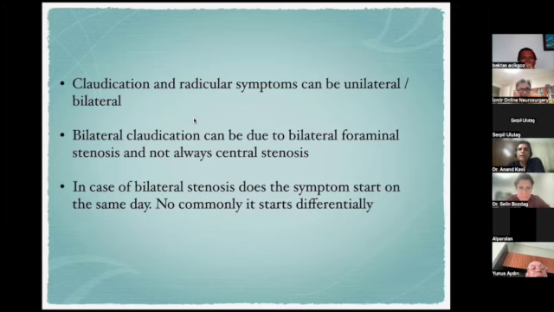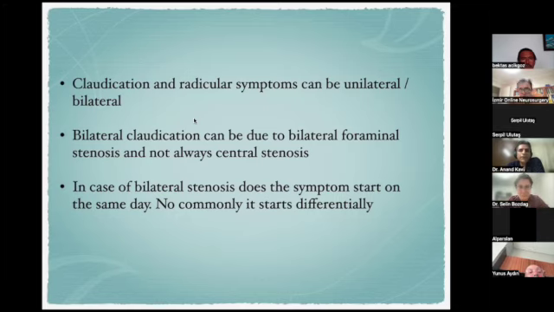So anytime a patient walks into your clinic with symptoms of claudication, particularly tingling sensation, numbness in the legs, heaviness in the legs, with reduced distance of walking or reduced duration of standing, these symptoms can be caused either by bilateral foraminal stenosis or central stenosis.